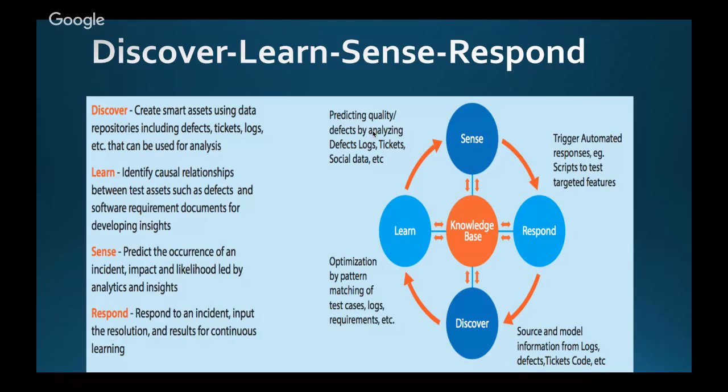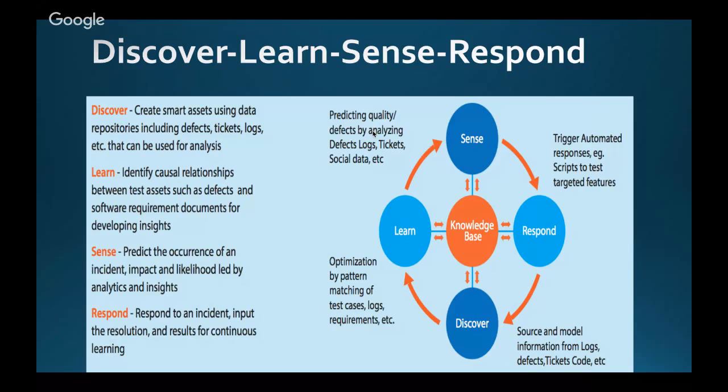Depending upon this repository, identify the causal relationship between test assets such as defects and the software requirement document for developing insights. So you have to come up with your learnings. You have to create relationships between different assets and then figure out the different kinds of insights based upon those learnings.